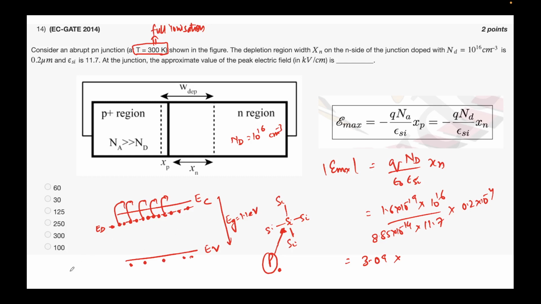And remember, the probability drops, if you recall, as exponential of E minus EF over KT. I'll write it again.